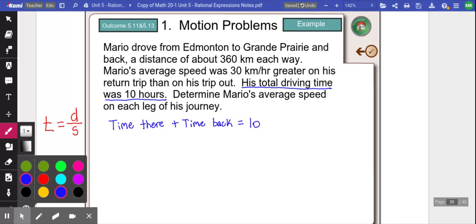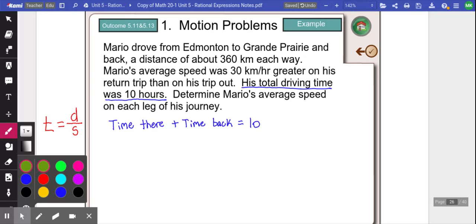They always reference time somewhere in the question. Sometimes they say it's the same amount of time. Sometimes they say it's 2 hours faster. They always reference time somewhere, and then you have to try to create an equation from that. My equation is that my time there to Grand Prairie and my time back should total 10 hours.